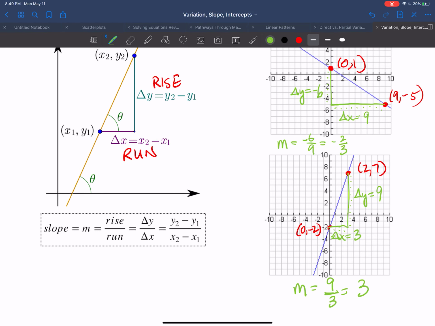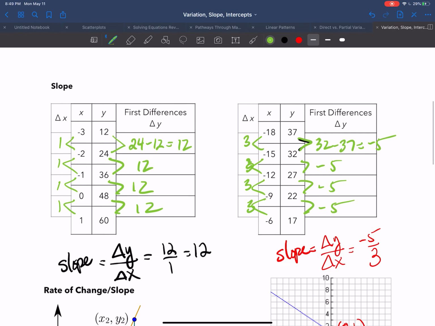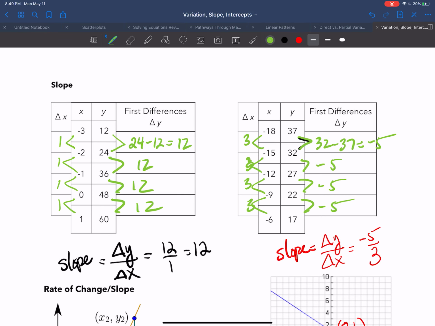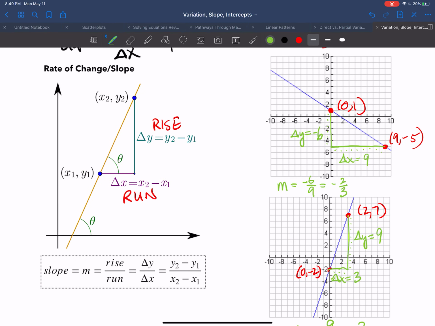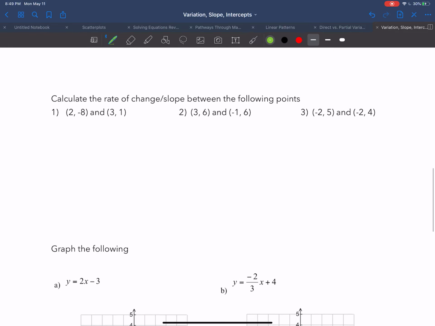Okay, so now we know how to find the slope given a table of values. First difference is delta y divided by delta x. Given a graph, do the same thing, it's just we can count the boxes. So delta y over delta x, you choose 2 points and figure out your vertical and your horizontal distance and divide. Now what happens if we have 2 points?